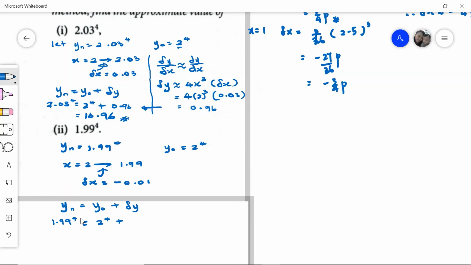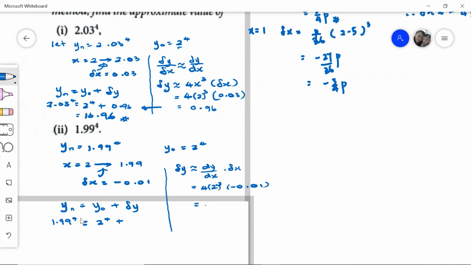So we have to find what delta y is. Delta y is approximately equivalent to dy by dx times delta x. So dy dx is 4x cubed, and the delta x here is negative 0.01. The corresponding x value here, again the original x, is 2.